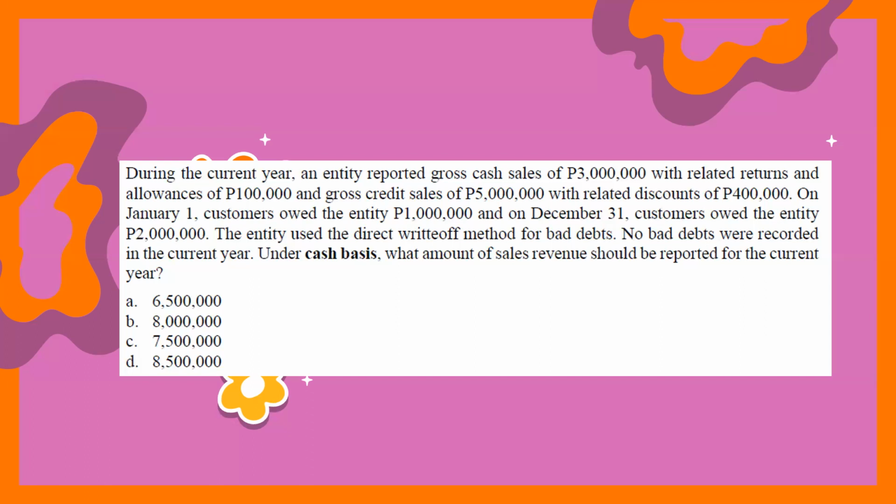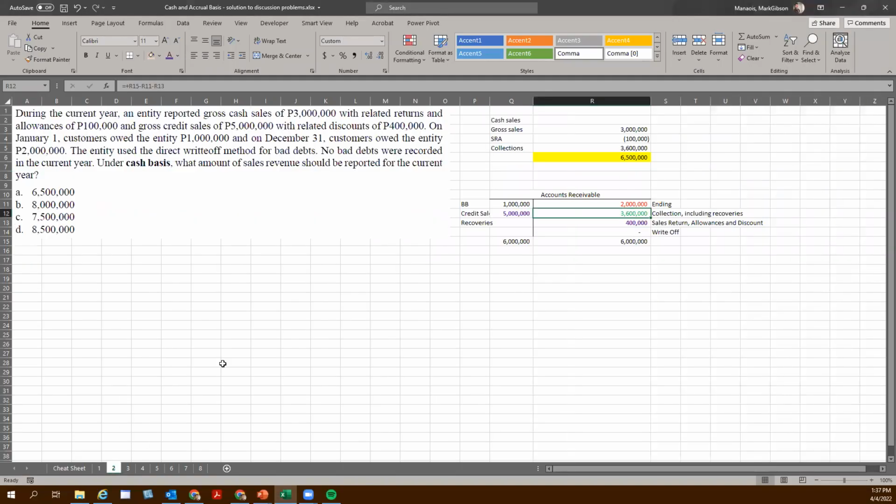On January 1, customers owed the entity 1 million, and on December 31, customers owed the entity 2 million. So, class, they already gave us the beginning and ending balances of our accounts receivable. The entity used direct write-off method for bad debts. No bad debts were recorded in the current year. So under the cash basis, what amount of sales revenue should be reported for the current year? So that's problem number 2.